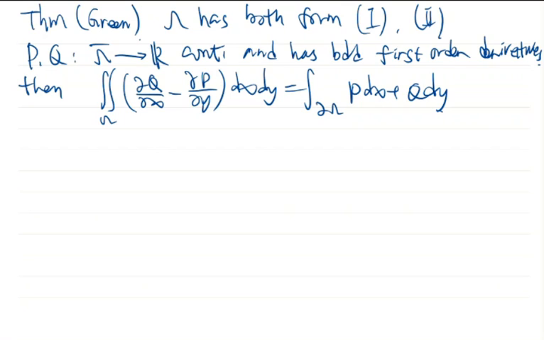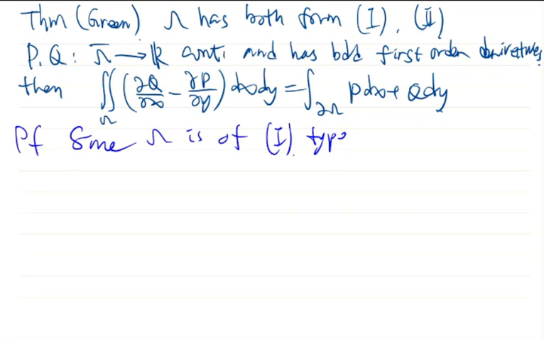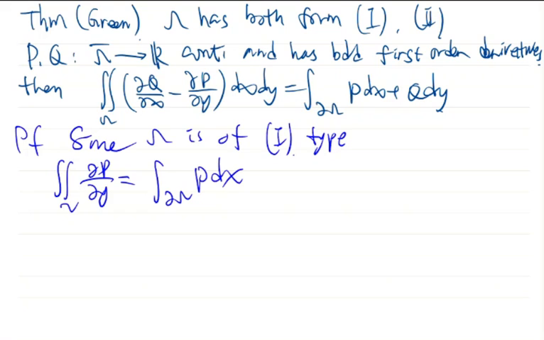So the proof of this theorem is quite simple. Just add the previous two results. But we still want to state it here. Since omega is of the first type, we have a minus sign.